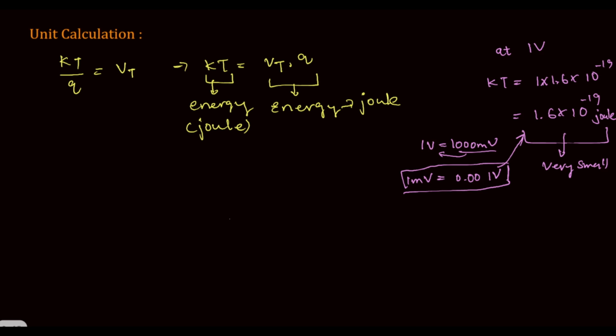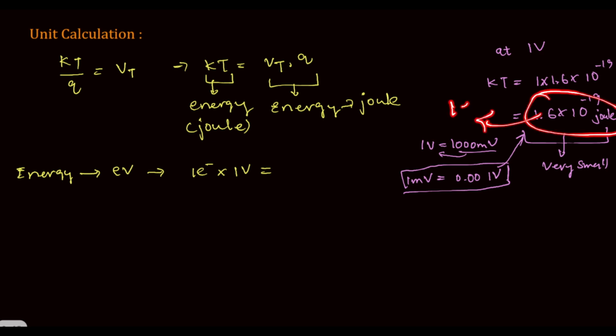Now we will convert this energy into electron volt. In order to convert energy into electron volt, I take Vt as 1 volt and Q as 1.6 into 10 power minus 19, and this kT will become energy, which will be 1 electron volt.